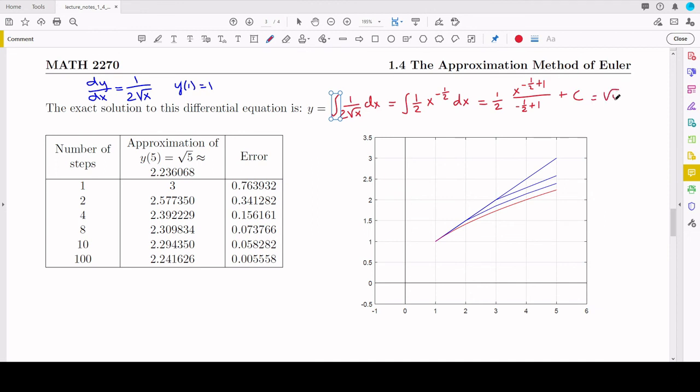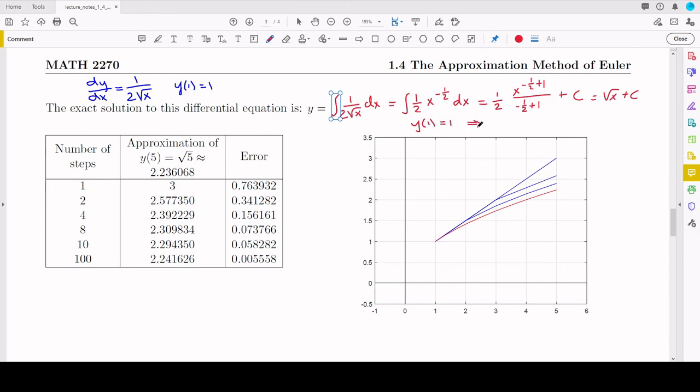And so the antiderivative of the right-hand side is square root of x plus c. Now we can figure out what c is from the initial condition. So we know that y of 1 equals 1.